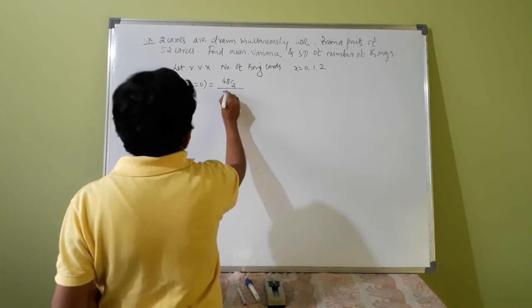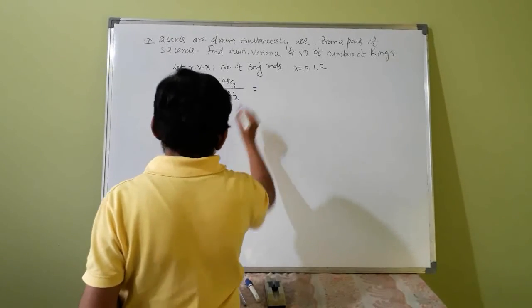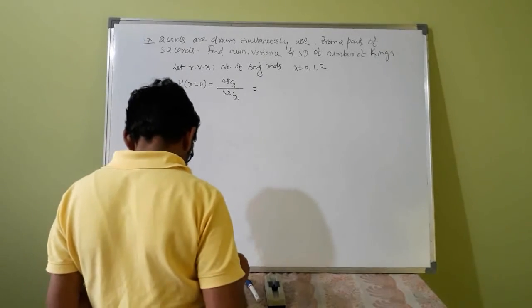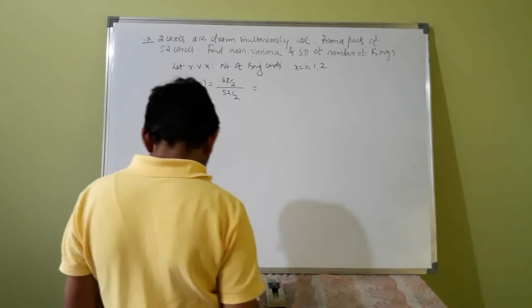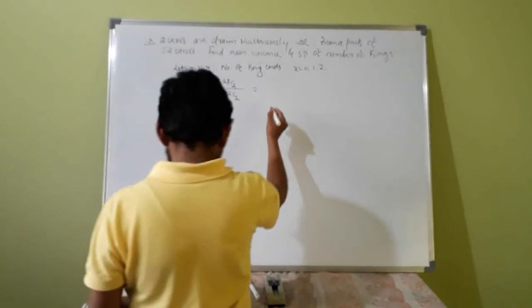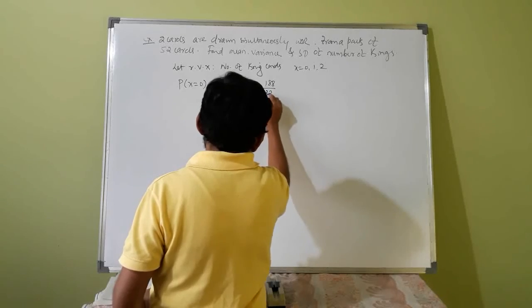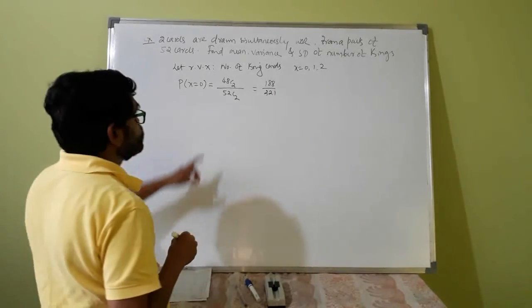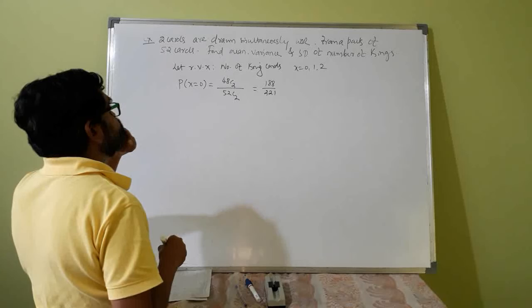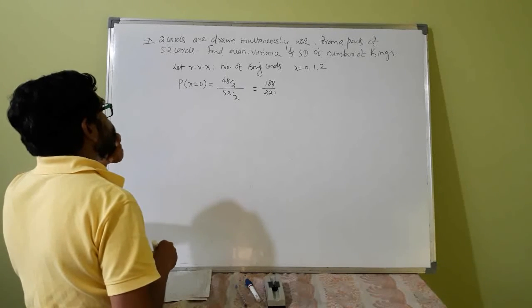See, this is divided by 52C2. So this will be, if you compute, 188 by 221. You compute, okay, 48 into 47 divided by 2 factorial, similarly 52 into 51 by 2 factorial.